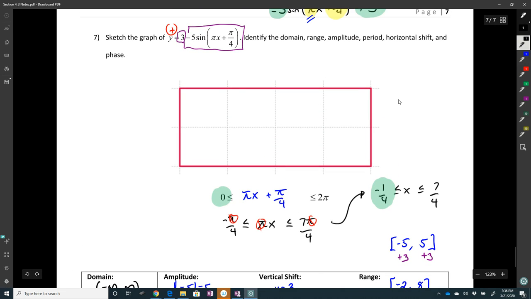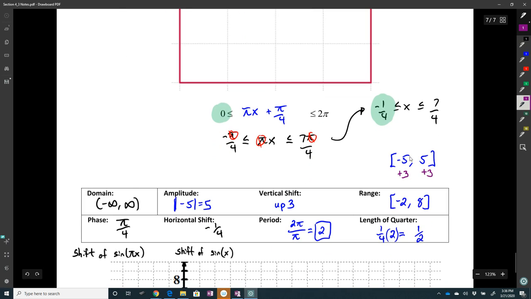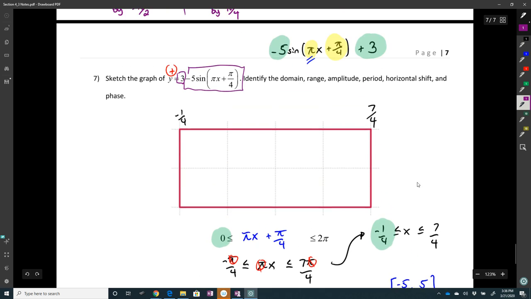That means when I'm creating my box, it's going to start at negative 1/4 and go to 7/4. I'll put these up top since I wrote all over the bottom. Each of these tick marks is going to be a half.